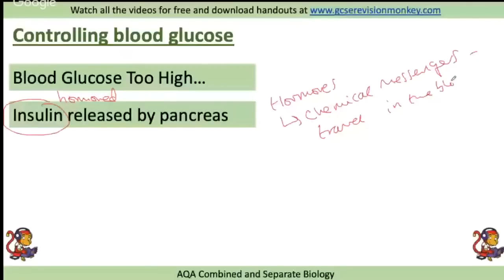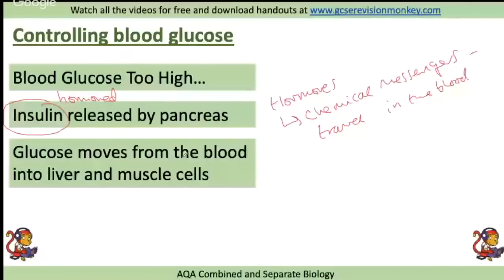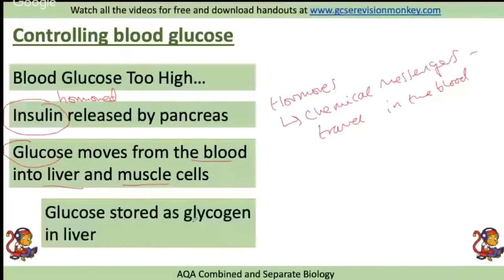When insulin is released by the pancreas, that causes excess glucose in your blood to move from the blood into your liver and your muscle cells. So it takes it out of the blood for you. And there it is stored as glycogen, because glucose is soluble. So you can't store anything just as glucose.